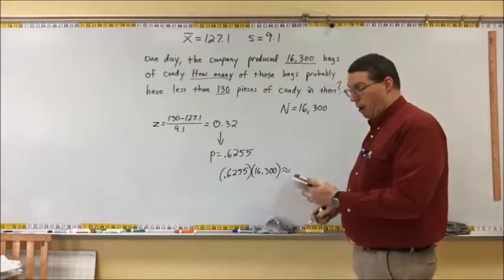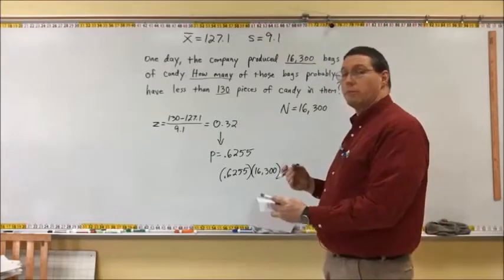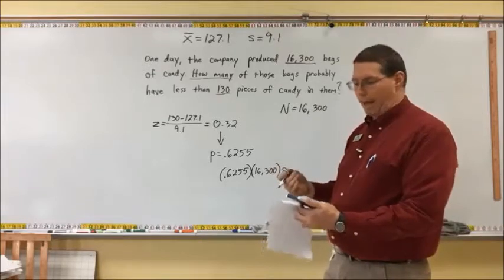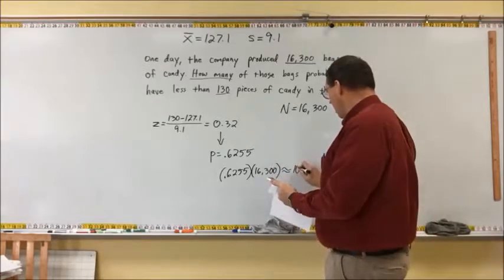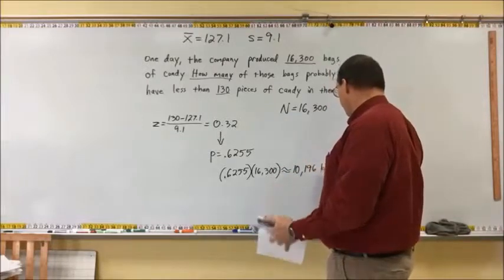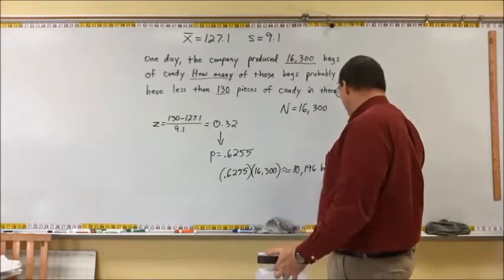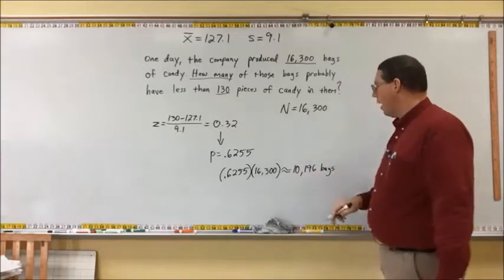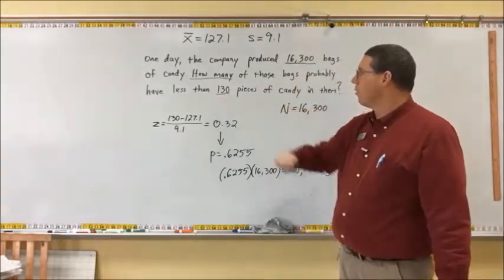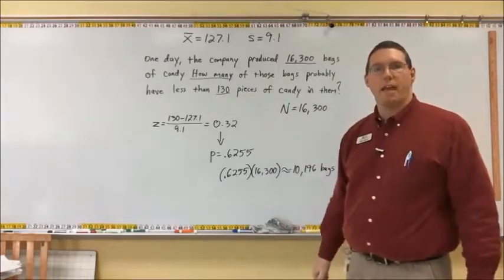It is approximate because we have a decimal here. We want to round to the nearest bag because we can only give our answer in whole bags. 10,196 bags. So about 10,196 of these bags are going to have fewer than 130 pieces of candy in them.